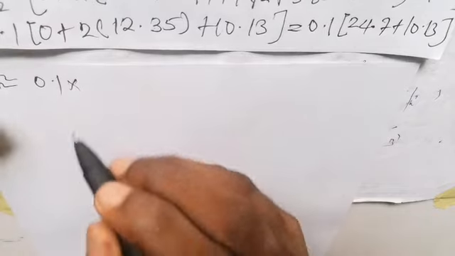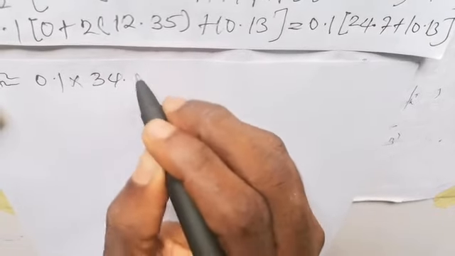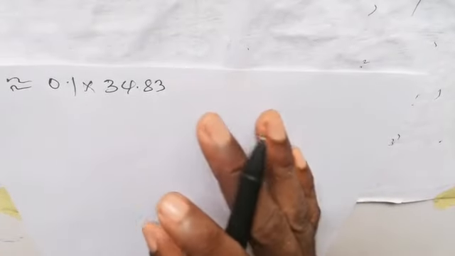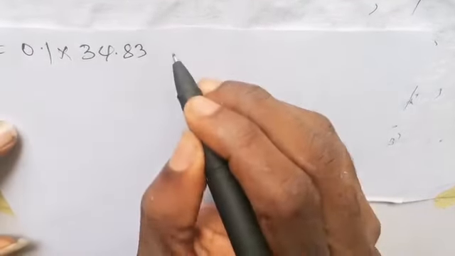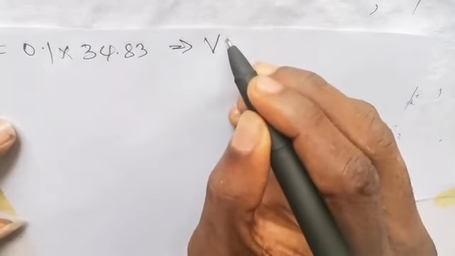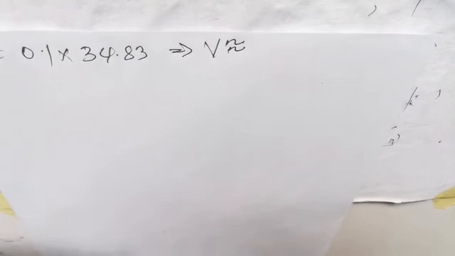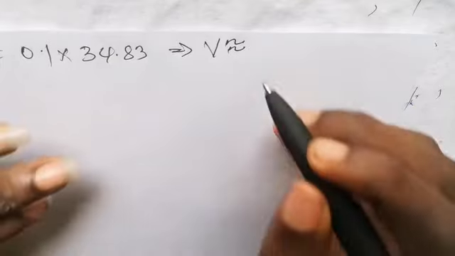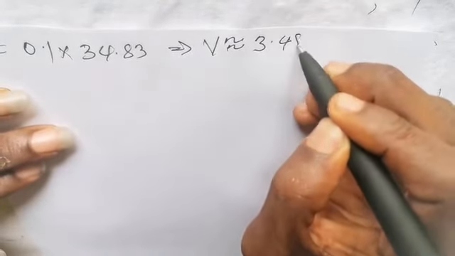Plus 10.13 gives 34.83. So the velocity is approximately 0.1 times 34.83, which gives 3.483.